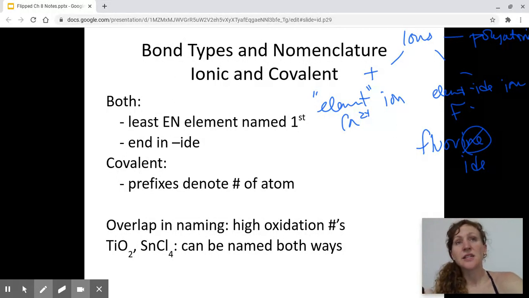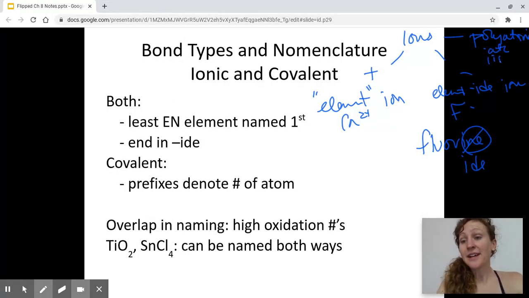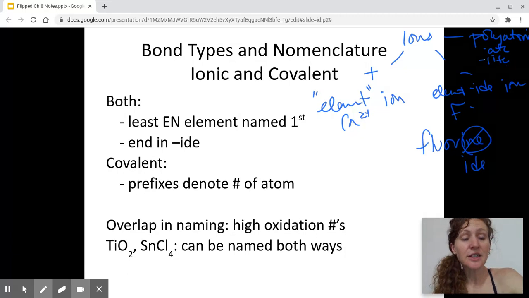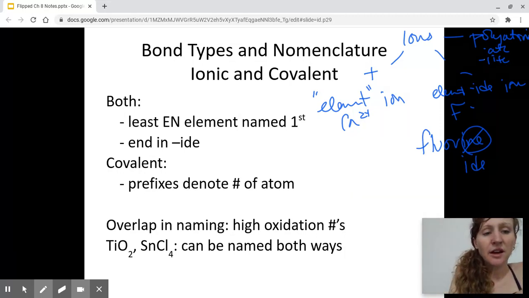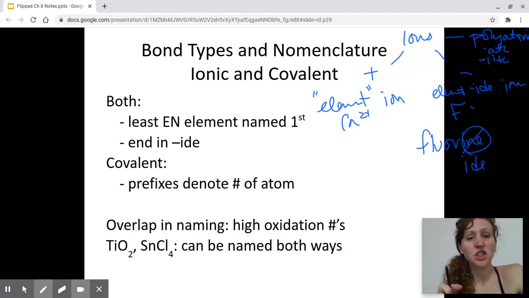A lot of these end in -ate or -ite. And those that end in -ate and -ite have a pattern. So they come in a family, and the family has to do with changing the number of oxygen atoms. And changing the number of oxygen atoms is not going to change the charge.